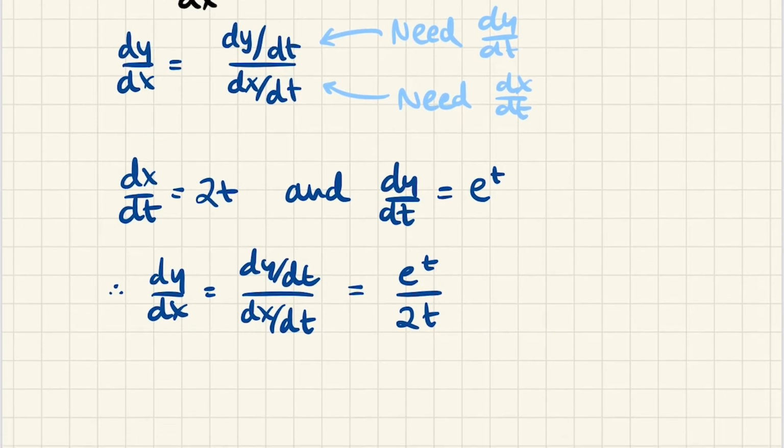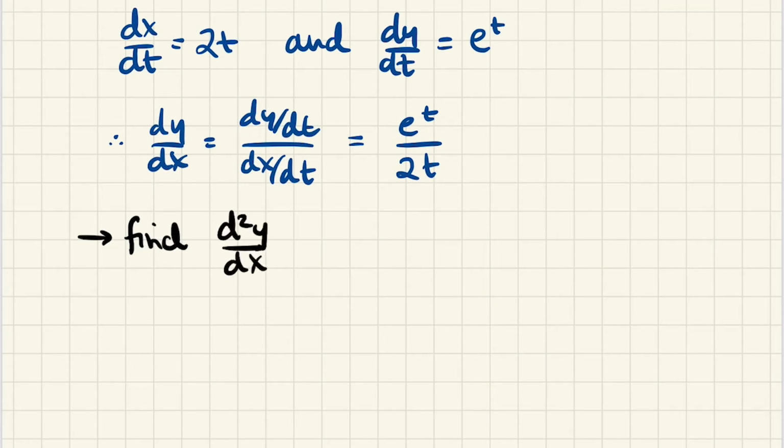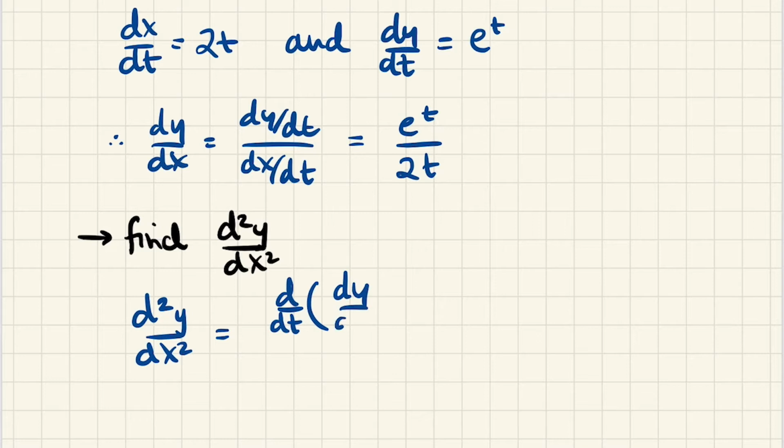Next, we need to find the second derivative of y with respect to x. Okay, so let's recall that formula. That is the derivative with respect to t of dy dx, which we just found, and that's again divided by dx dt.